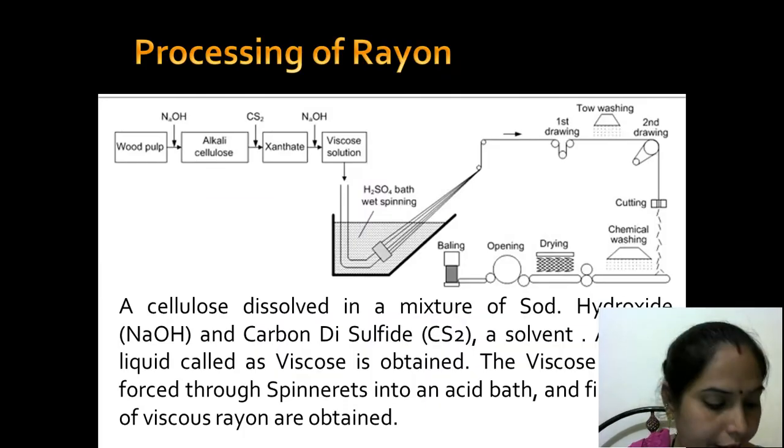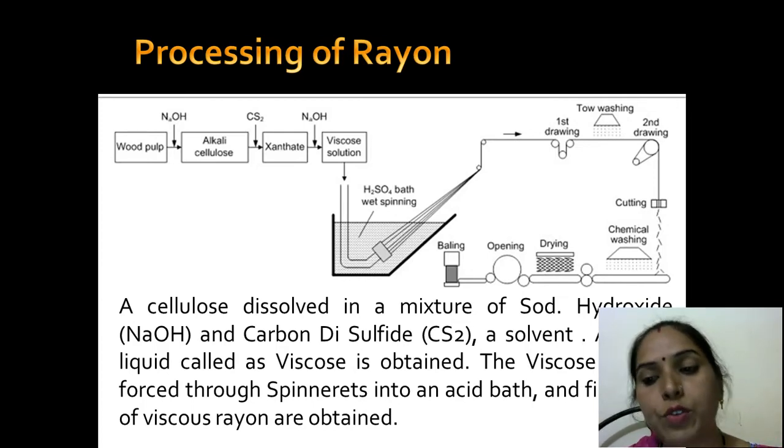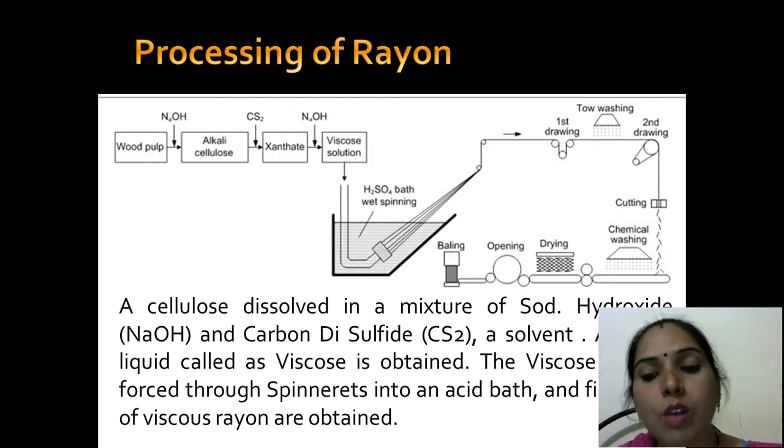Now, processing of rayon. Cellulose is dissolved in a mixture of sodium hydroxide and carbon disulfide, a solvent, and a viscous liquid called viscose is obtained. The viscose is forced through a spinneret into an acid bath and fibers of viscose rayon are obtained.